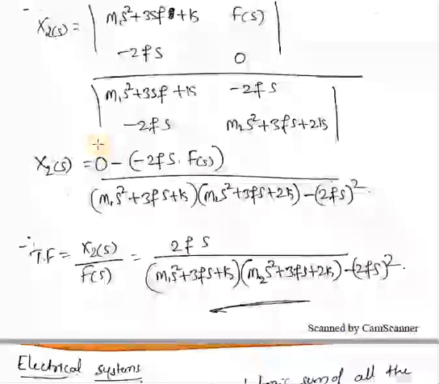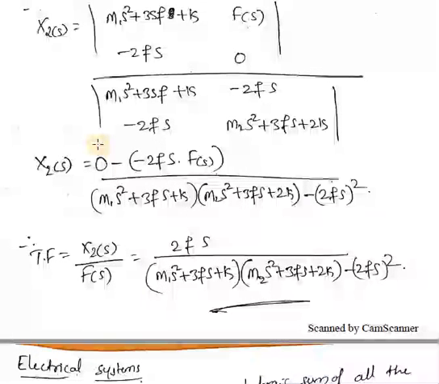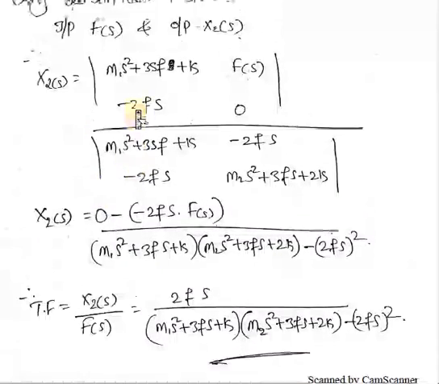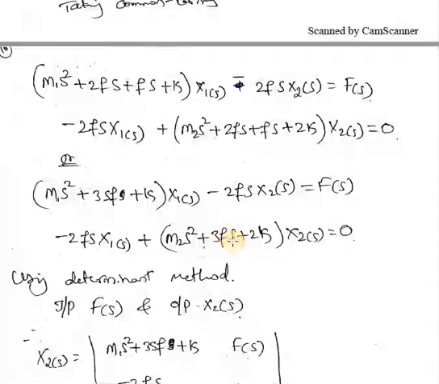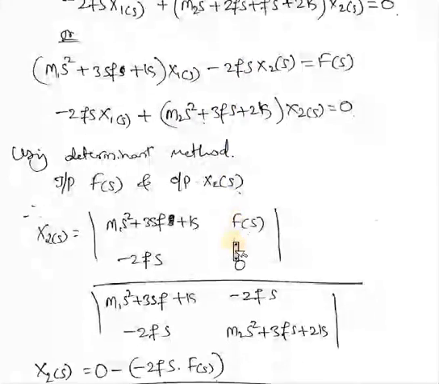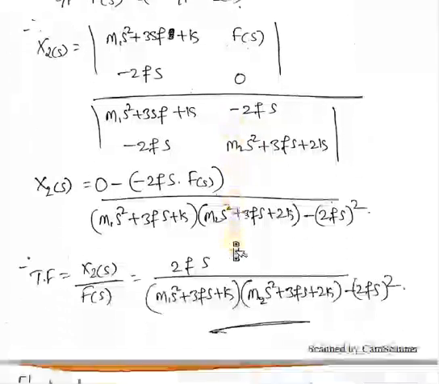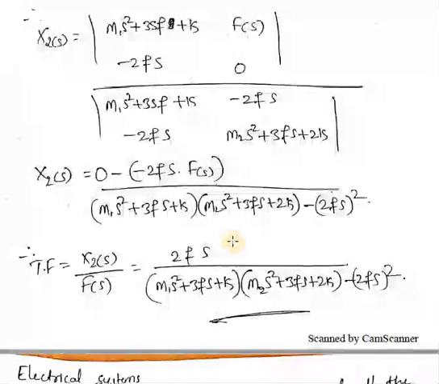Then you have to write the governing differential equation, for which your free body diagram should be correct. Once you write the governing differential equation, you need to apply the Laplace transformation. Once you arrive at the Laplace equations, simplify them by taking the displacement terms as common like this. Then by using the determinant method, you can easily get the transfer function of the given system.